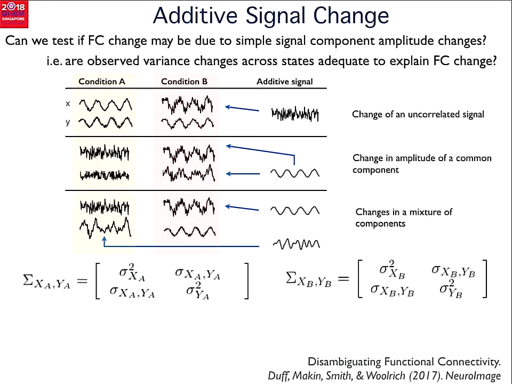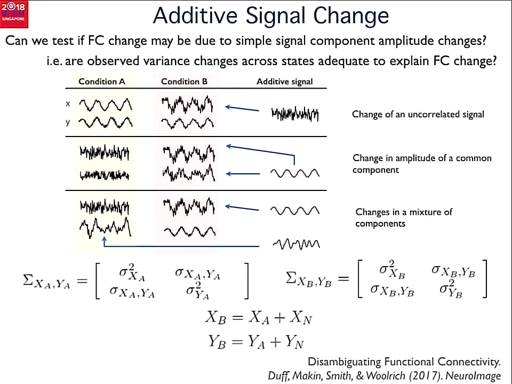So we conceptualize it similarly to Michael Cole, where we have two conditions, A and B, and we see the second condition as containing the same stochastic signals as the first condition, but then with the addition of some additional stochastic signal, maybe an increase in a particular component.